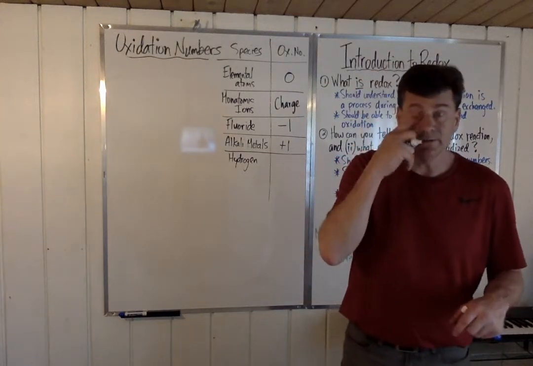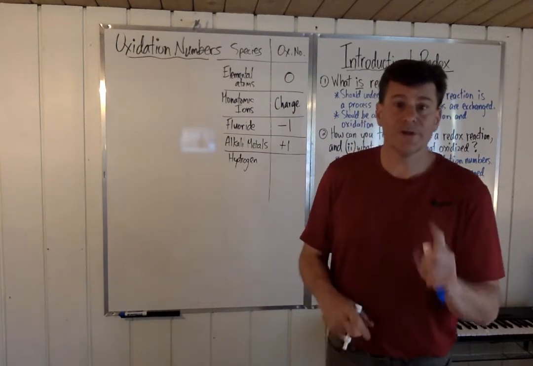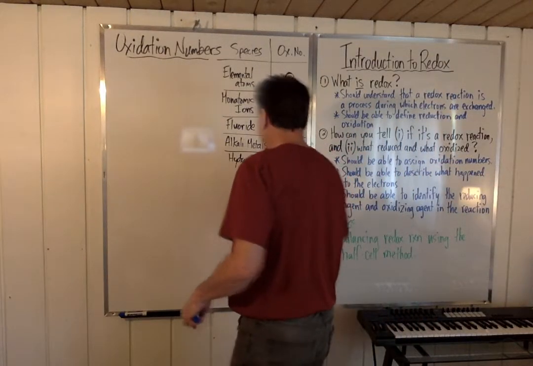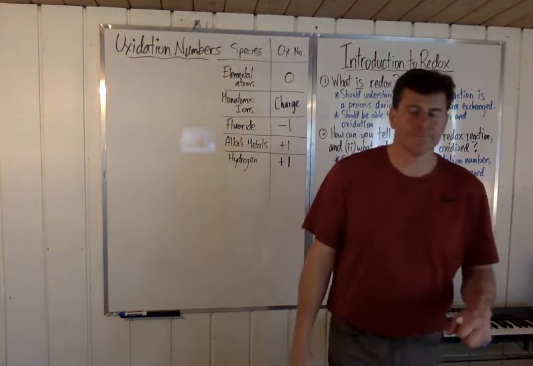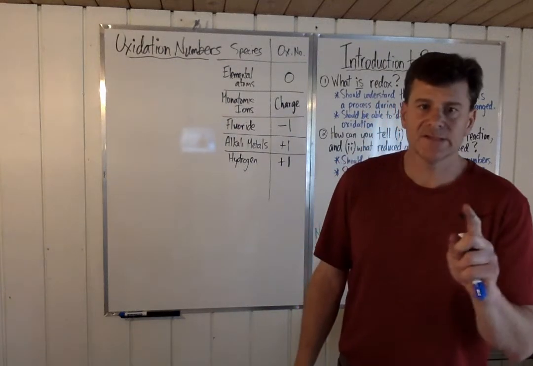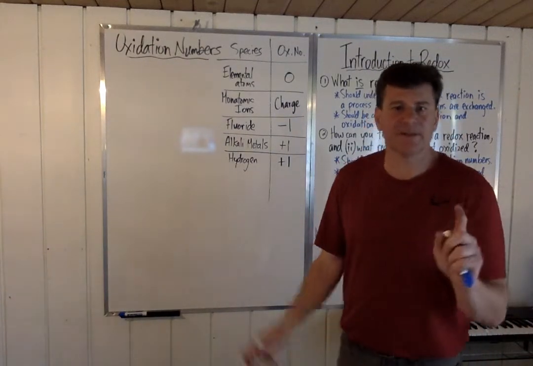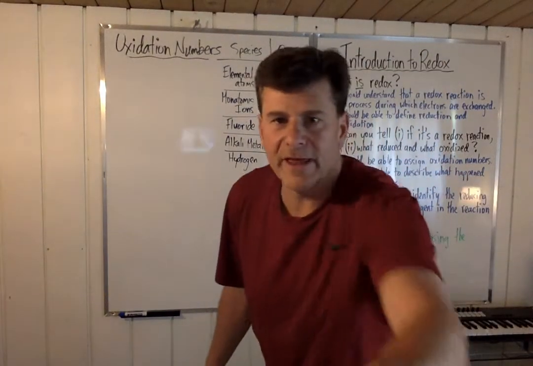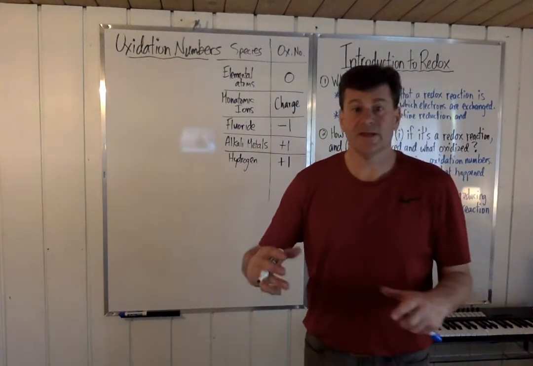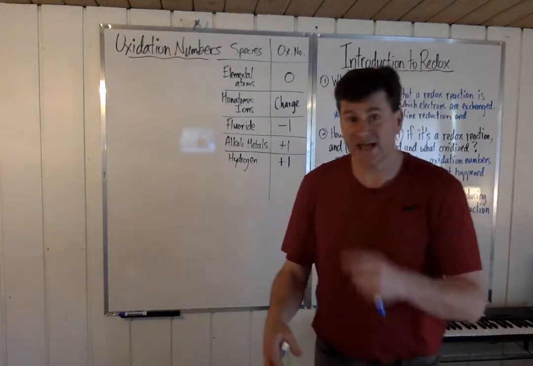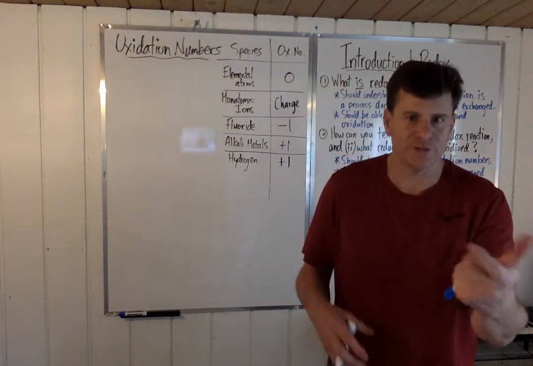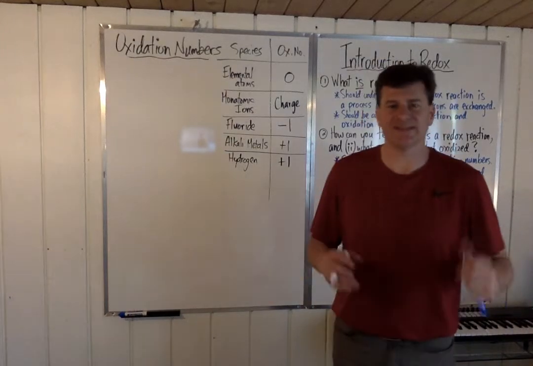So hydrogen is going to have a charge of +1, unless it is attached to something higher on the priority list. And then the thing higher on the priority list gets its charge and tells hydrogen what it's going to be. Okay, and I'll show you that situation in just a little bit.